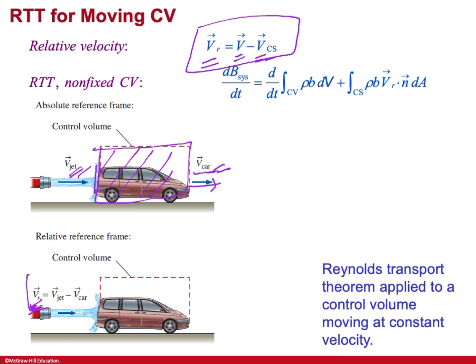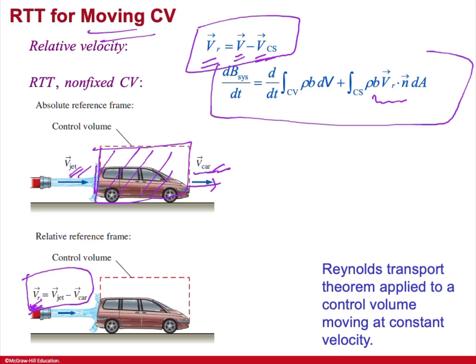So relative velocity is V jet minus V car. So when you're using the Reynolds transport theorem for a moving control volume, you will have to modify the velocities and use relative velocities instead of the absolute velocity, right? So your Reynolds transport theorem for a moving control volume ends up utilizing V R. You need to use relative velocity instead of the absolute velocity.